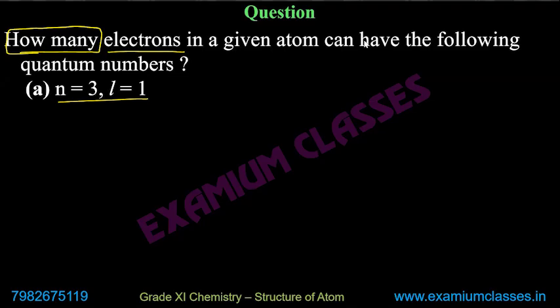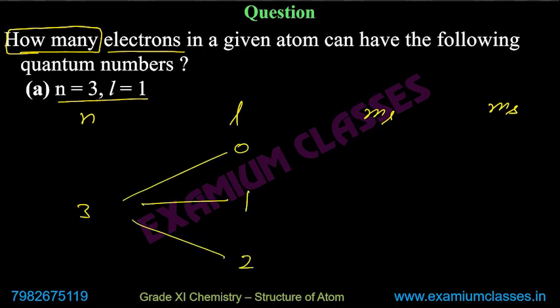I am explaining it again. For n equals 3, l can be 0, 1, and 2. Three values possible of l, starting from 0 to n minus 1: 0, 1, 2. But it is given only 1.